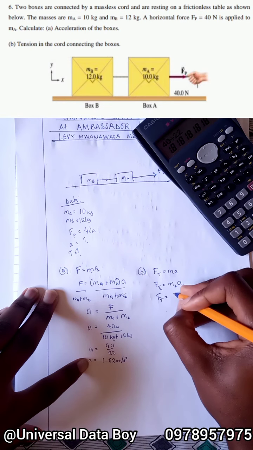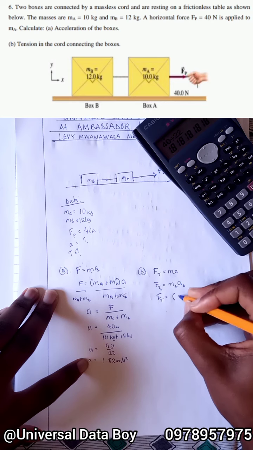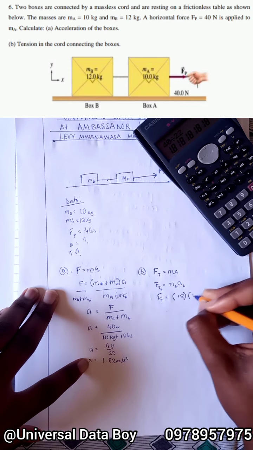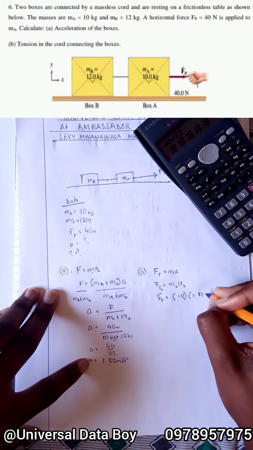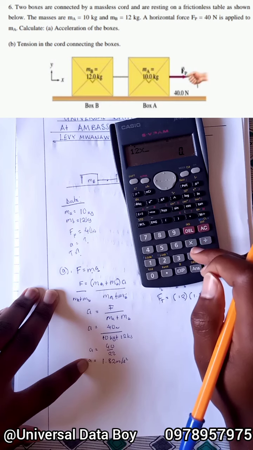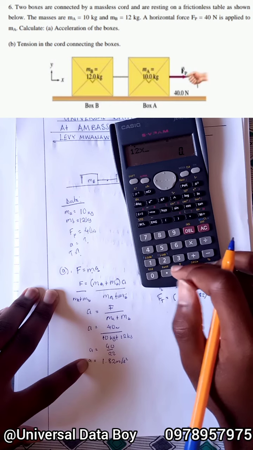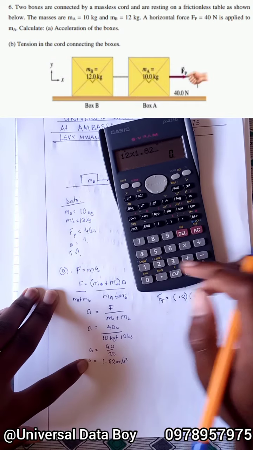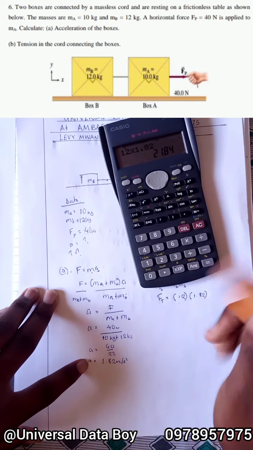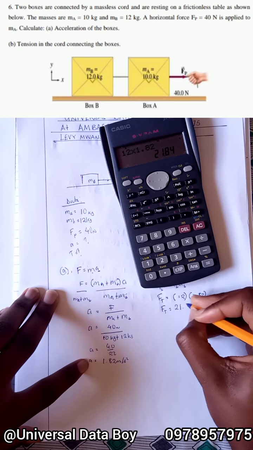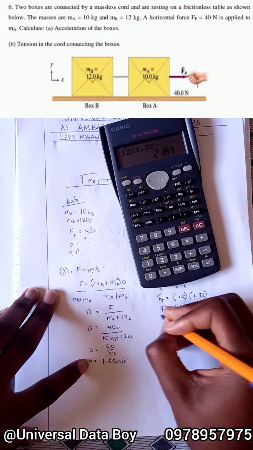So we're having mb is 12 and then acceleration of b is 1.82. So when we multiply 12 by 1.82, we are going to have our force tension being equal to 21.84 newtons.